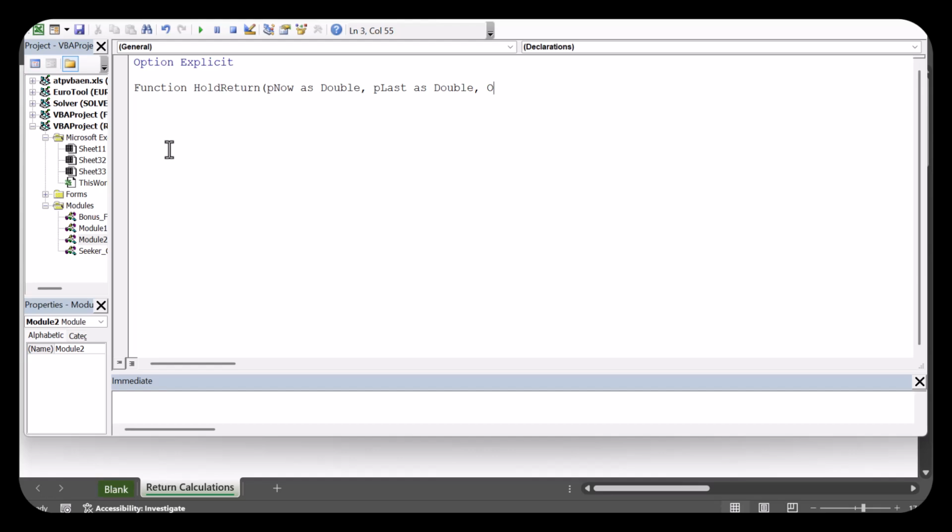And optional iCache as double equals 0. Okay. That optional means if I don't include it, it's assumed to be 0. I assign a default value. I know this is very trivial, but I want you to learn this sort of stuff. Instead of writing an Excel formula, just go ahead and use your own function.